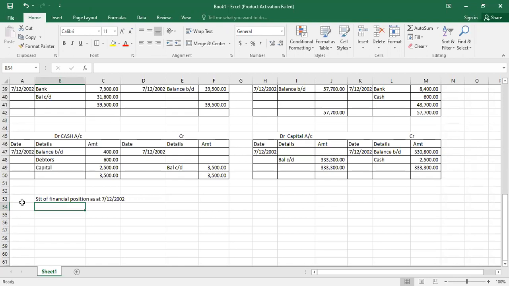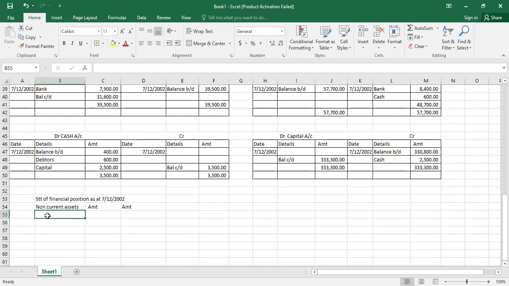So we start with non-current assets, or the fixed assets. And here we put the amount.